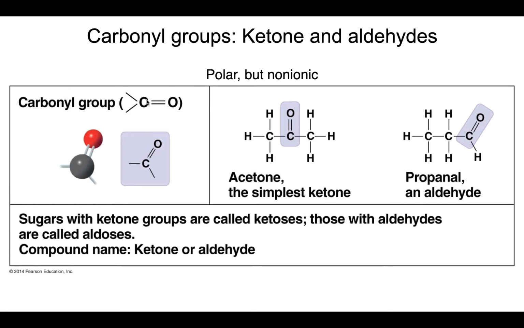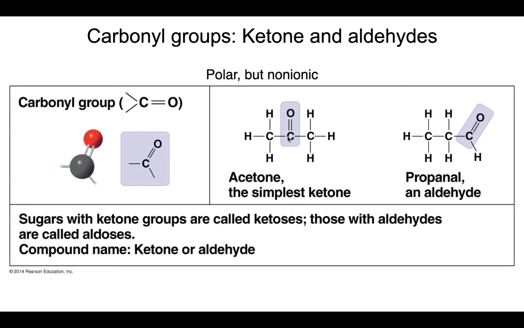There's our carbon that's double bonded to an oxygen. Now, if that carbon is in the middle of a chain, okay, meaning it's connected to two other carbons like we see here, then this is called a ketone.